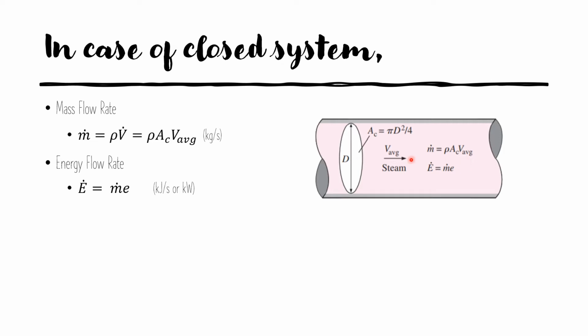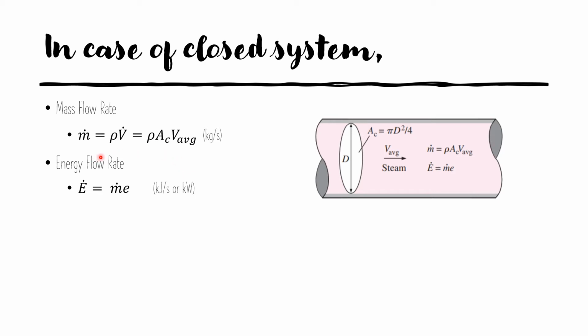Okay, so the mass flow rate is given by m dot is equal to rho times V dot, and this is equivalent to rho times Ac times V average. And this is analogous to mass equals rho times volume, where rho is the fluid density, Ac is the cross-sectional area of flow, and the V average is the average flow velocity normal to Ac.